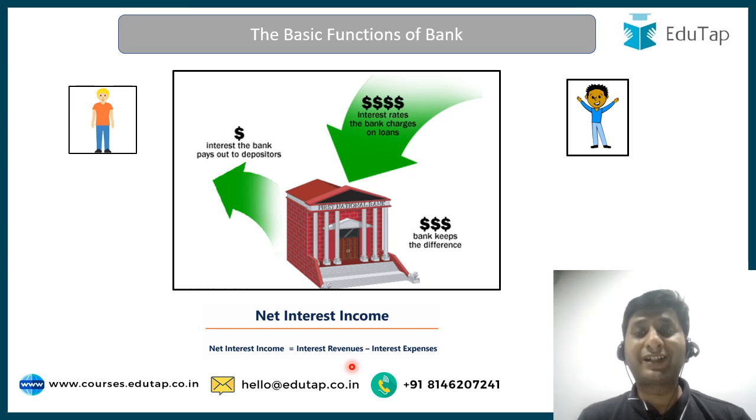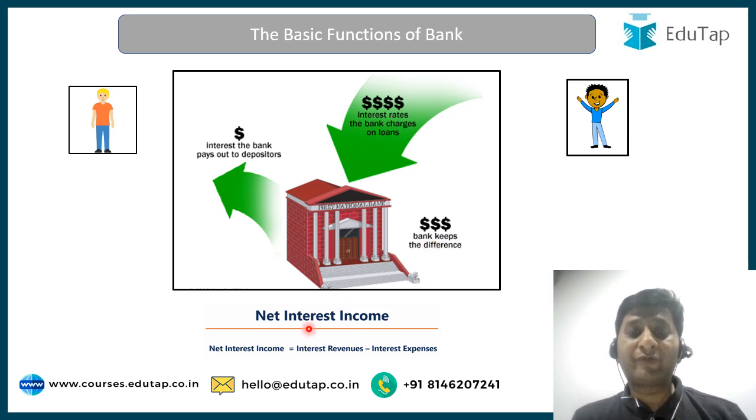Please understand the logic of net interest income. This you would have already known, but net interest income is something that might be new to you. Net interest income is interest revenues minus interest expense. That is interest earned as revenue and interest expensed in the form of interest given to the depositors. That difference is called net interest income.